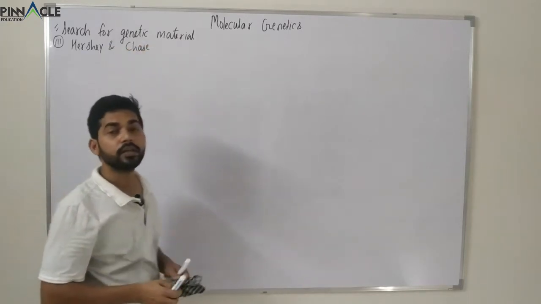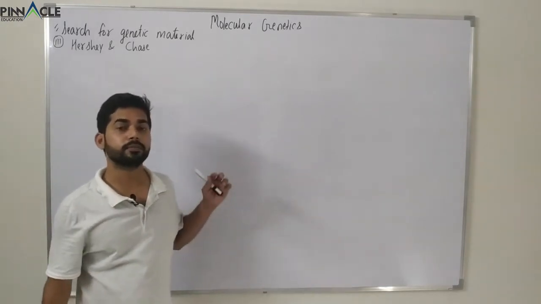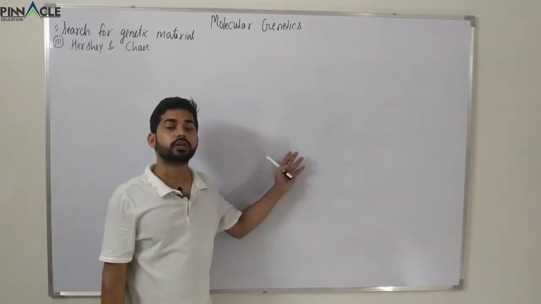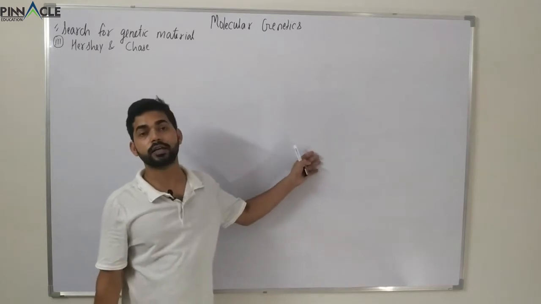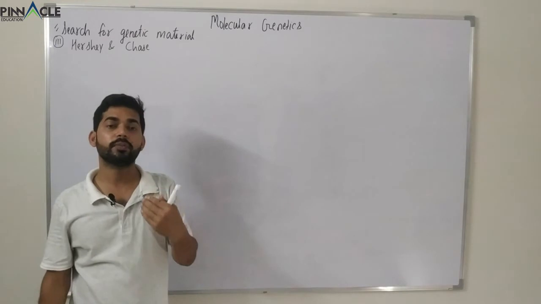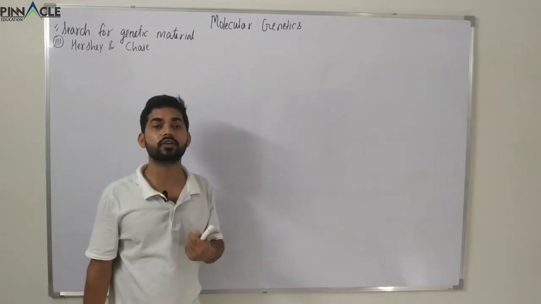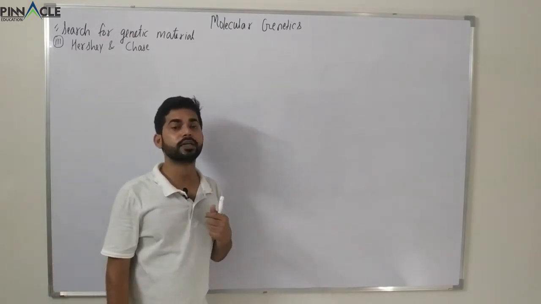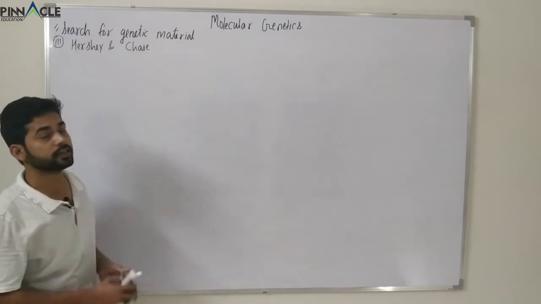So these people used E. coli and T2 bacteriophage to understand what causes transformation, that is how DNA is transferred from the virus to the bacteria, or what is the real nature of the genetic material. So we have to study their experiments.